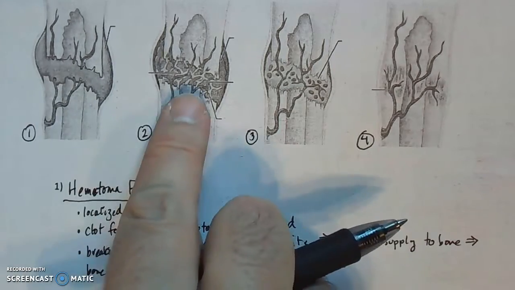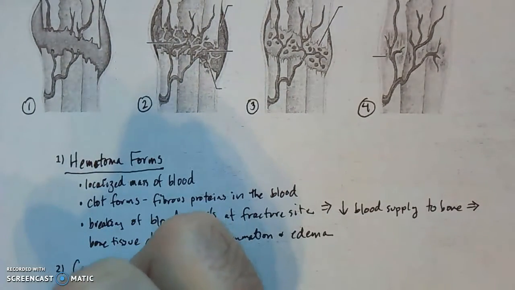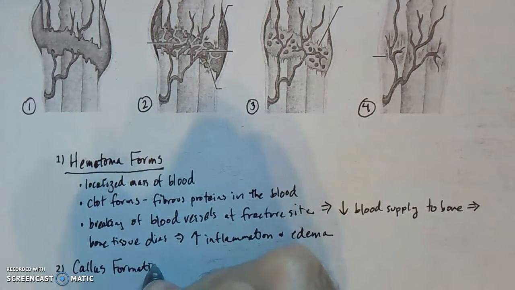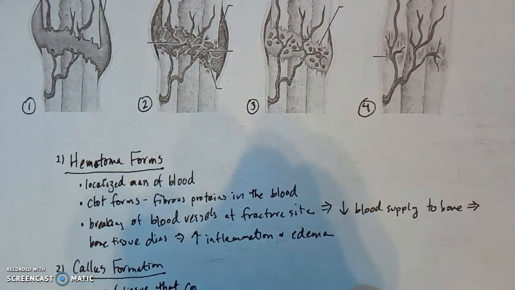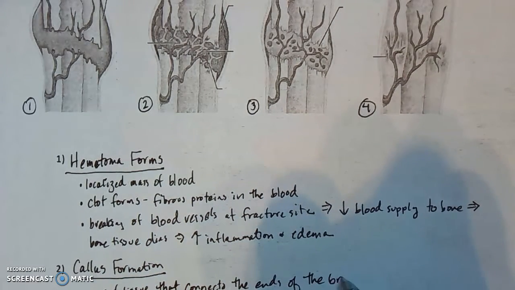So you can see that looks a little bit different. With part 2, this is the formation of something called the callus. The callus is a mass of tissue that connects the ends of the broken bone.